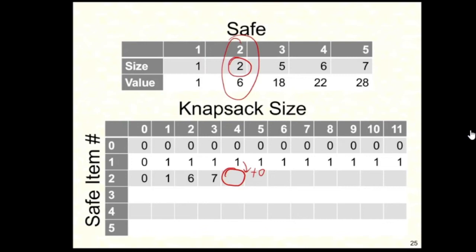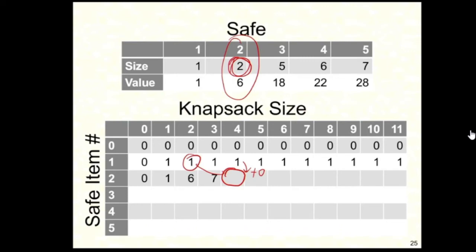That means I would have had to have started with a knapsack of size 2 and added an item of size 2 to it. All right? So that's this one over here. So we always pick the best. So we get 1 plus nothing, the one above me, or 1 plus the value of the item, the one up left of me. And it's left by the number of columns of the item size.